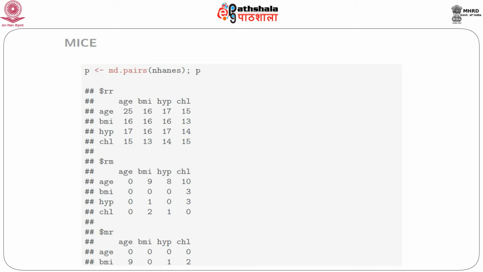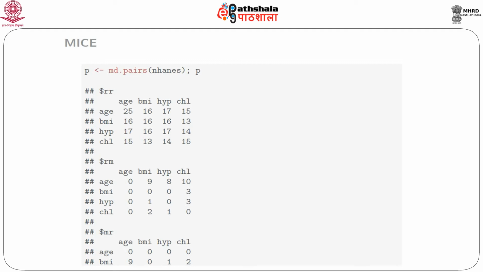One can use the md.pairs function to see the pairwise pattern, and here we have used md.pairs and stored the result in p, and typing p gives us 4 matrices which give the patterns.